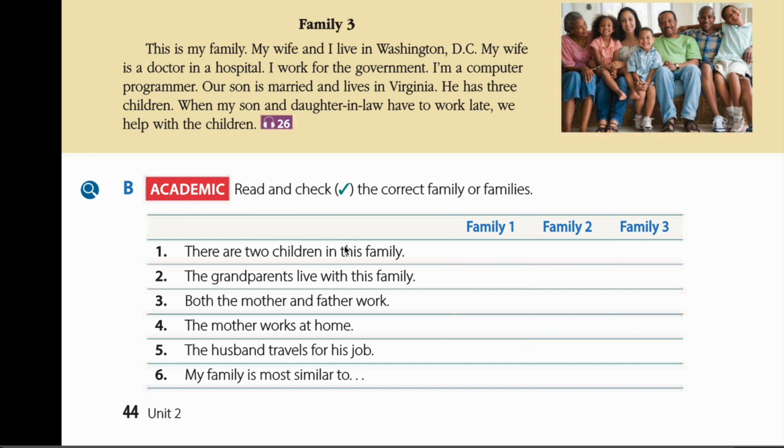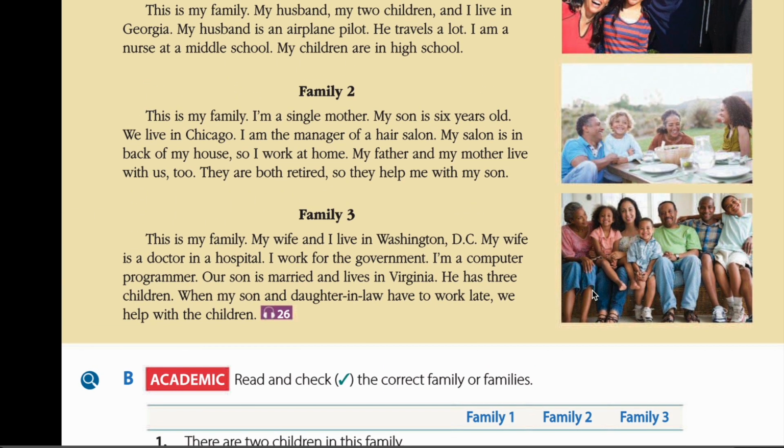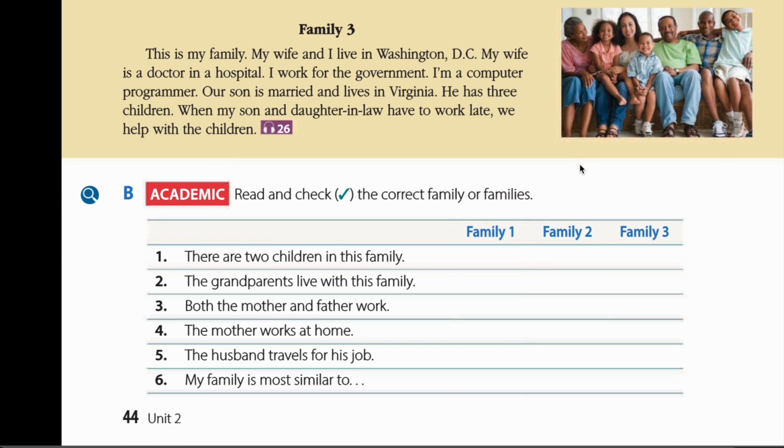For example, there are 2 children in this family. Maybe it's family 1 and family 2. Maybe it's family 1 and family 3. So it depends. Okay, so read the article, understand it, and do activity B. When we get back, pause the video, work on it, and I'll show you the answers after that. Okay, so here are the answers.